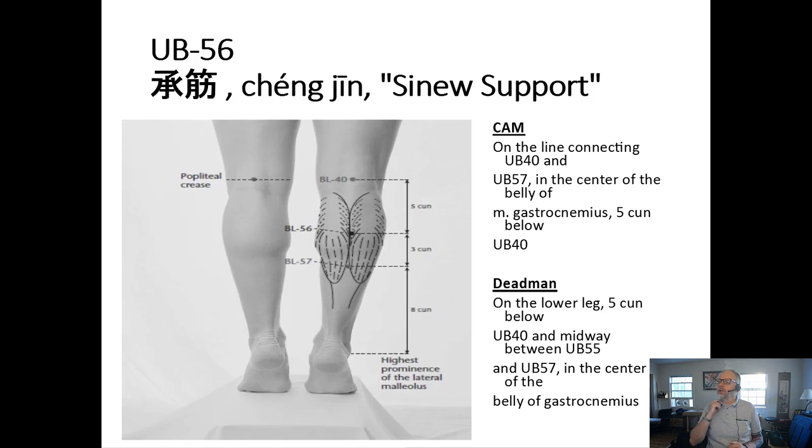56. On the lower leg, 5 Sune below UB40, midway between UB55 and 57, in the center of the belly of the gastrocnemius.